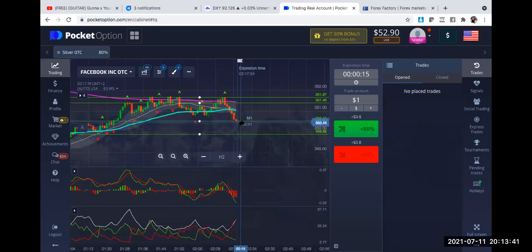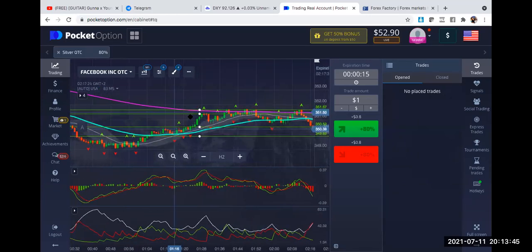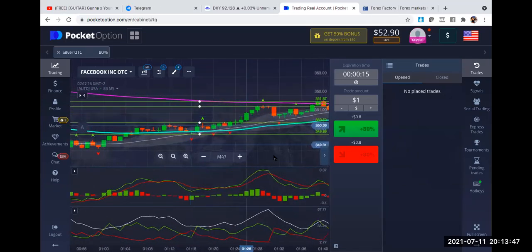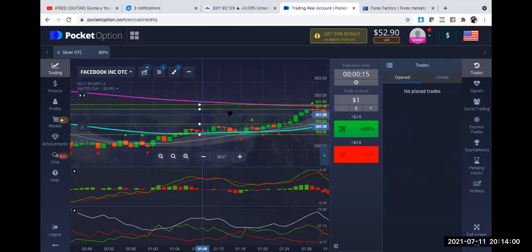Why did I put this line right here? Because if I scroll in the back, and it might be a little harder to see, but just bear with it, I see that we had an engulfing candle right here. It was really slight, but there was an engulfing candle right there. And price played as resistance, so a ceiling on that line.